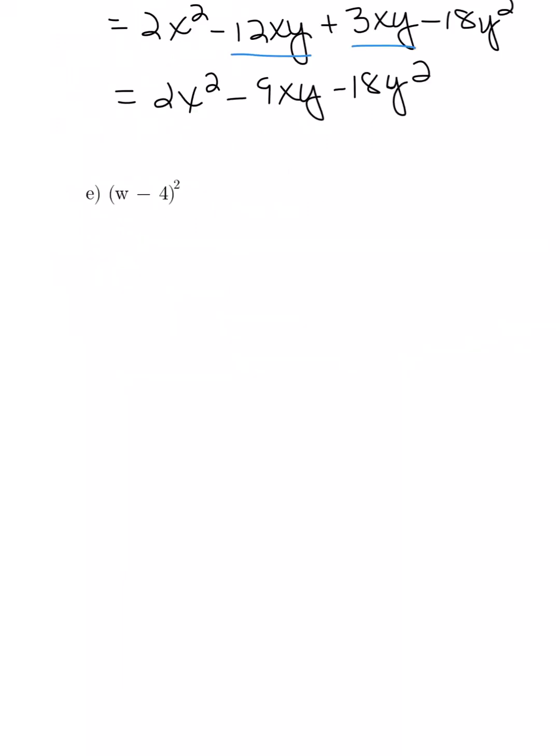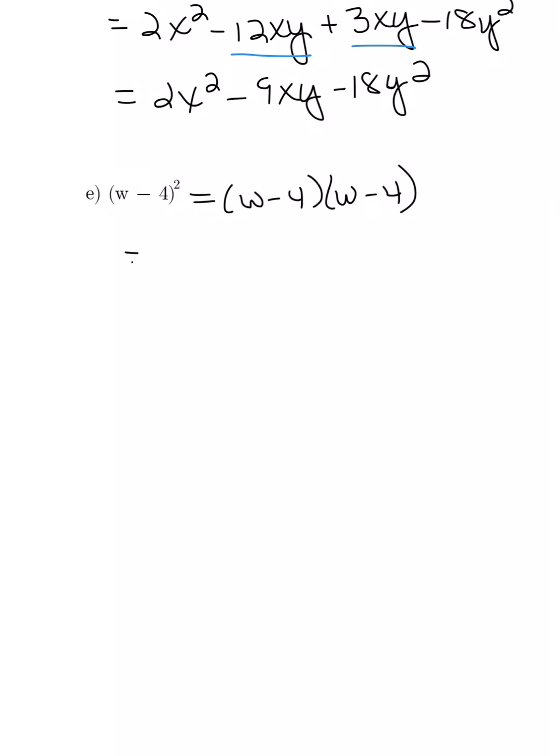Even though it may not look like it right away, when you see a problem like E that has w minus 4, the whole quantity being squared, this is still a FOIL problem. You have to recognize that w minus 4, the whole quantity squared, is the same thing as saying w minus 4 times itself, w minus 4. This is FOIL.